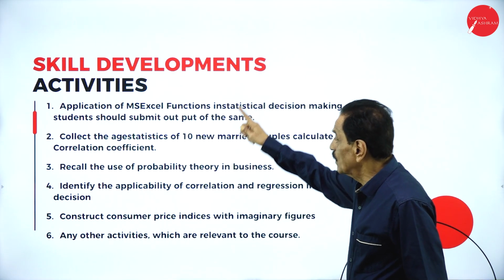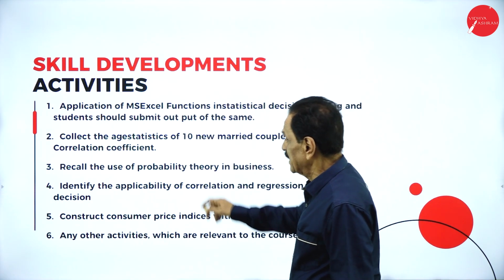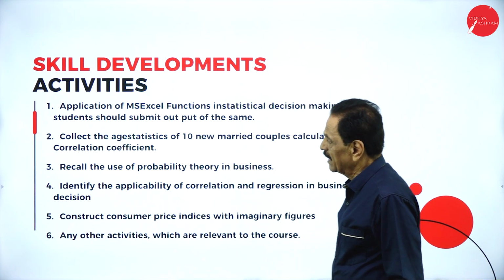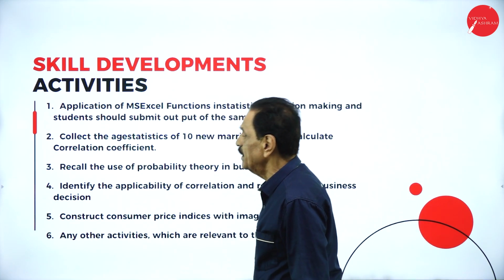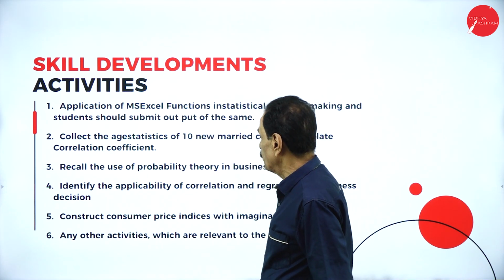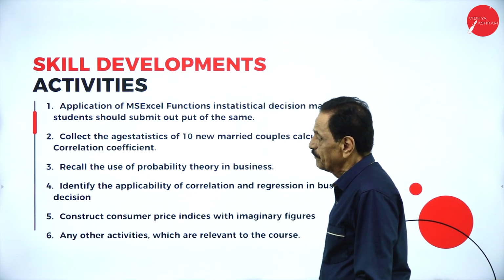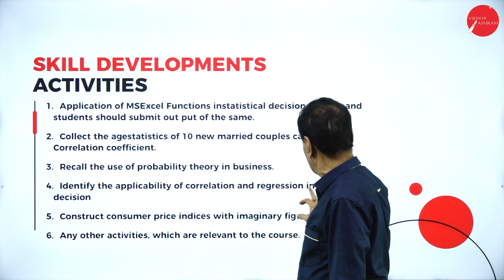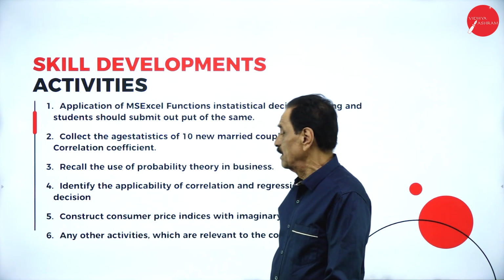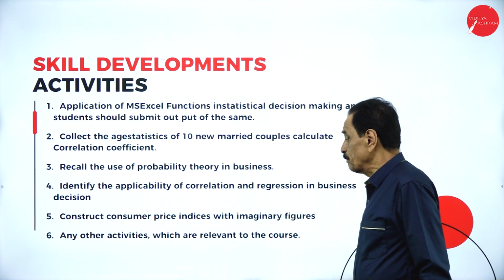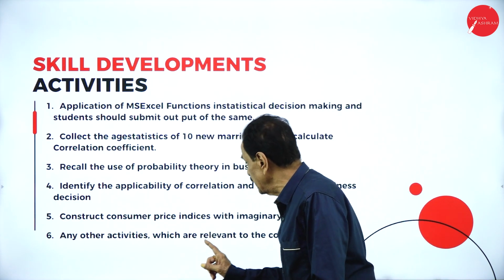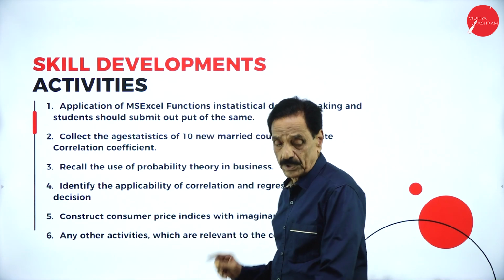So you have to do all these skill activities: collect the age statistics of 10 newly married couples, calculate the correlation coefficient, recall the use of probability theory in business, identify the applicability of correlation and regression in business decisions, then construct consumer price indices with imaginary figures, and any other activities which are relevant to the course.